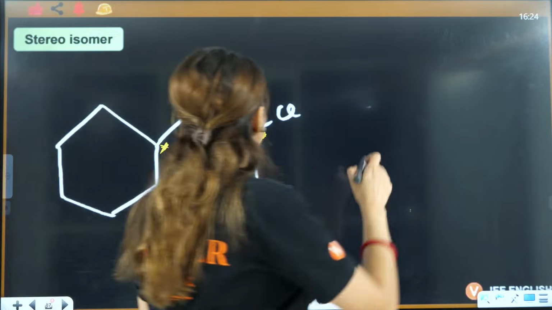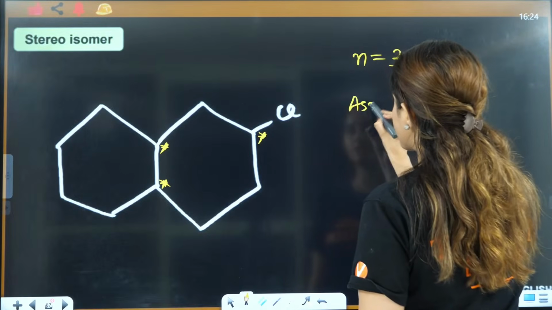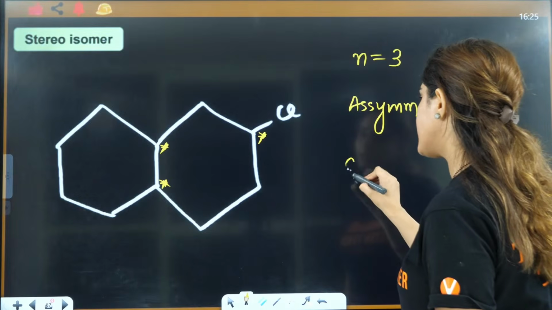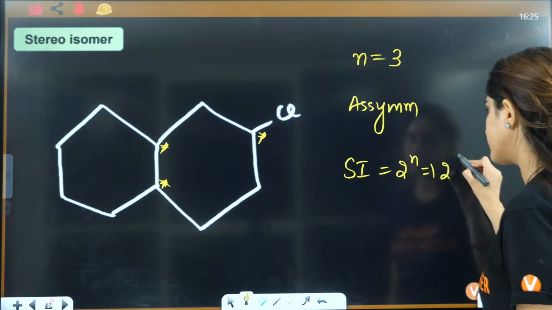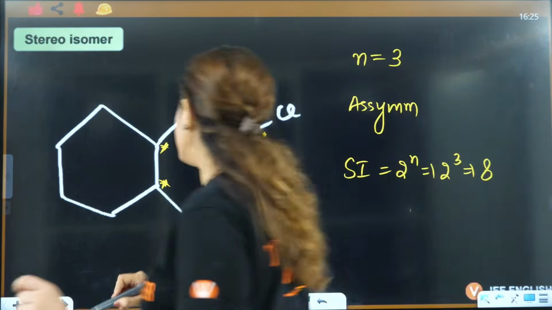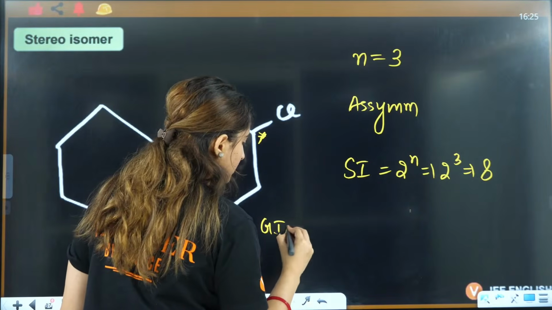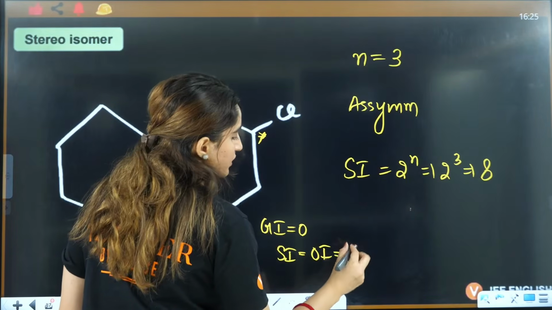So number of chiral is 3, and for asymmetrical, stereoisomers is going to be 2 raised to power n, that is 2 raised to power 3, that is 8. But remember one thing here, that in this case GI is 0. So stereoisomer is equal to optical isomer only, right?